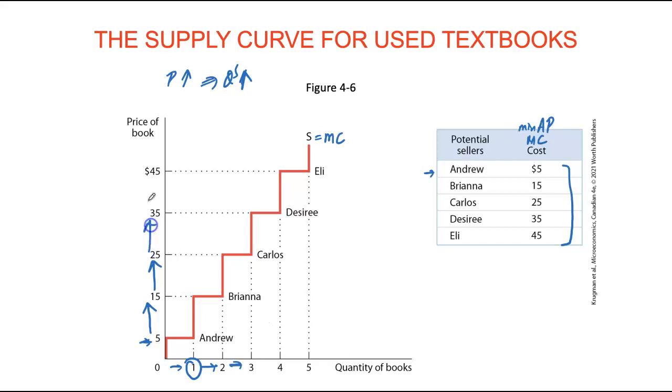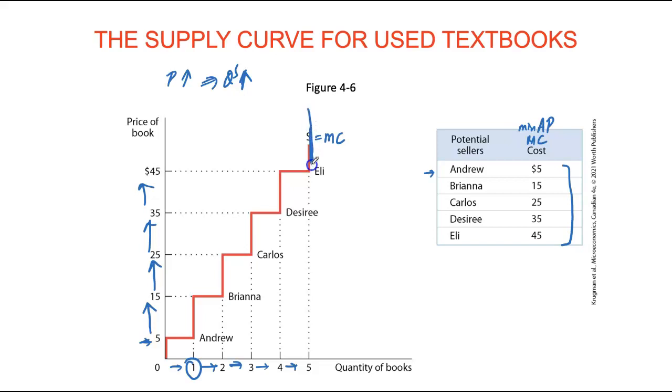Note, as price keeps on going up, quantity supplied keeps on increasing. With this very limited market of 5 sellers, even if price goes up to 50 or 60 or 70, because we have no additional textbooks and no additional sellers, quantity supplied is maxing out at 5. So at 5 units, this becomes a vertical supply curve.